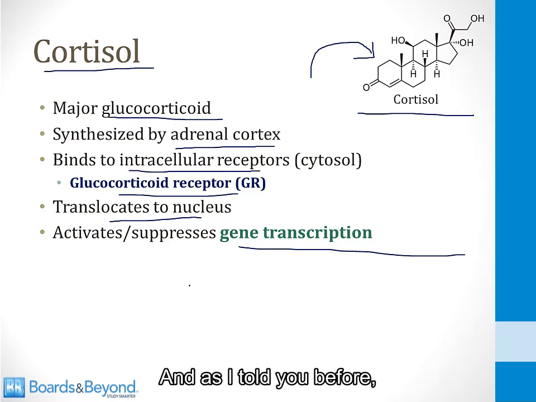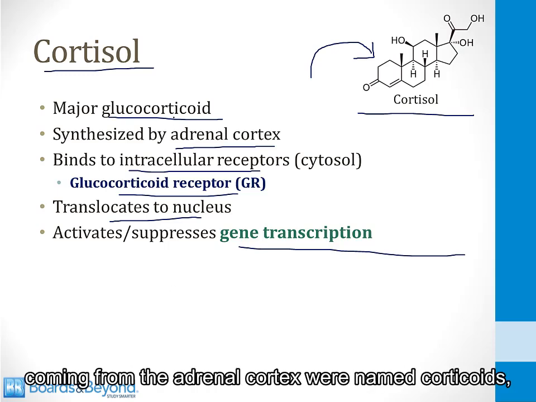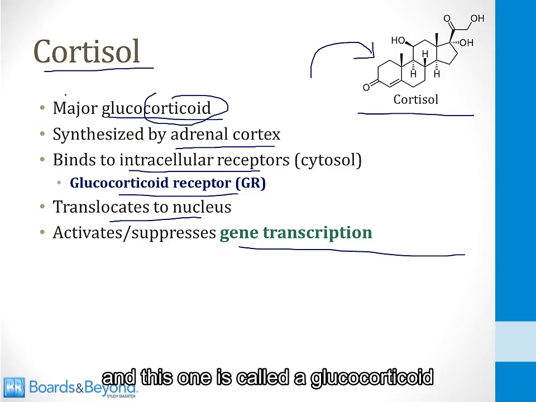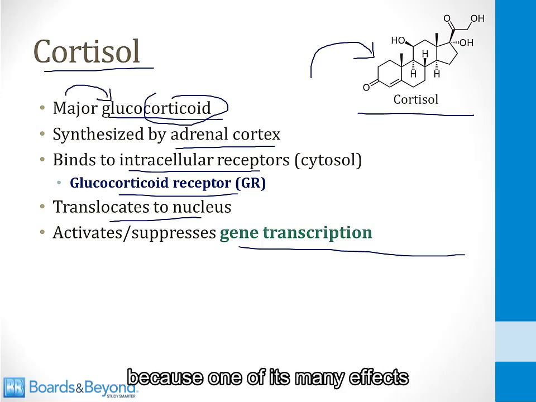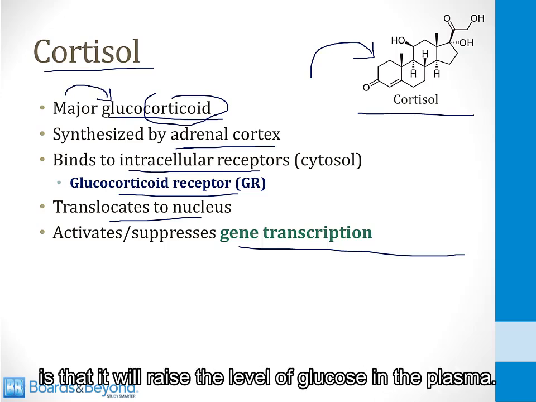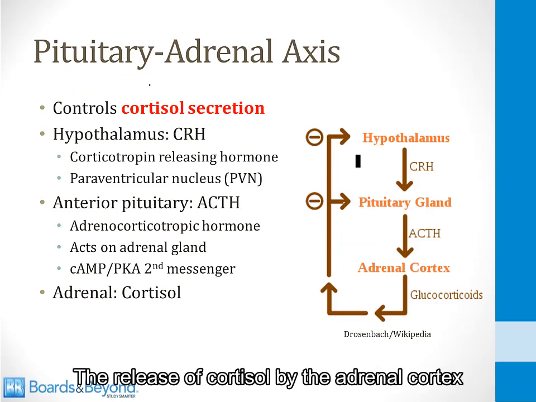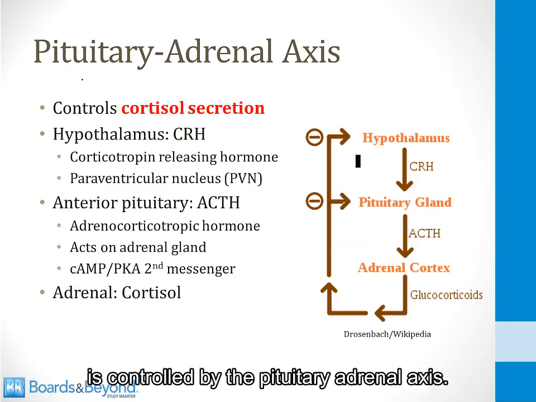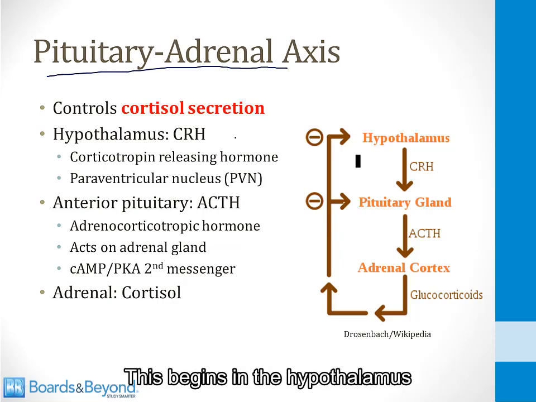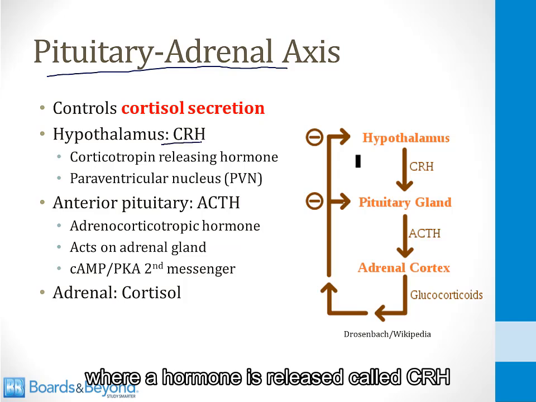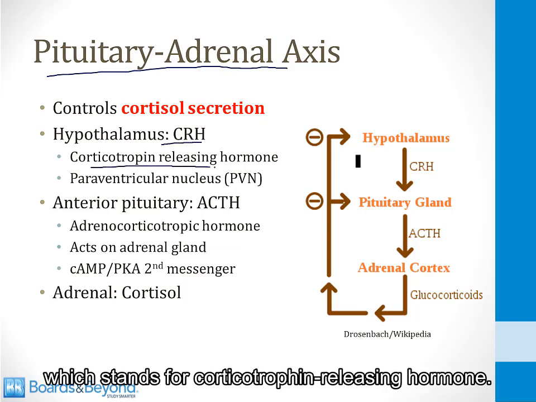And as I told you before, hormones that were discovered coming from the adrenal cortex were named corticoids, and this one is called a glucocorticoid because one of its many effects is that it will raise the level of glucose in the plasma. The release of cortisol by the adrenal cortex is controlled by the pituitary adrenal axis. This begins in the hypothalamus, where a hormone is released called CRH, which stands for corticotropin releasing hormone.